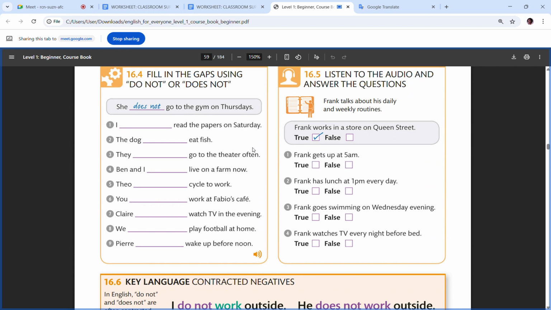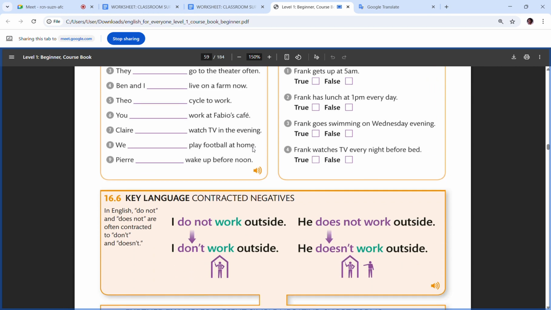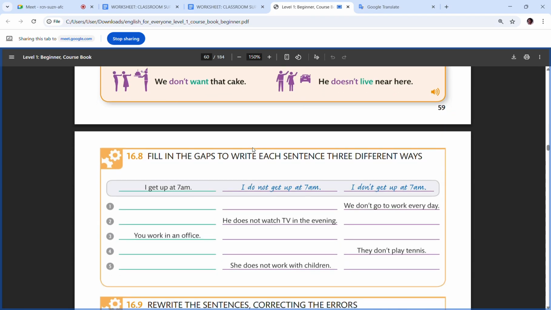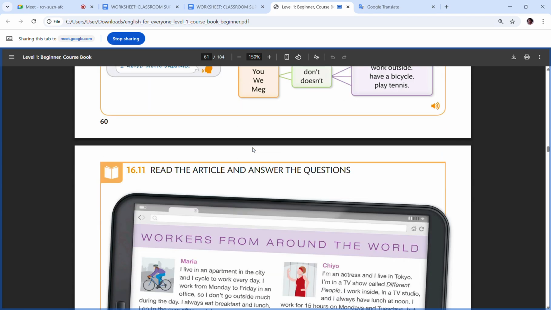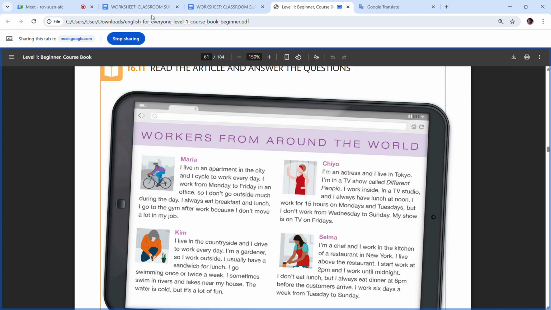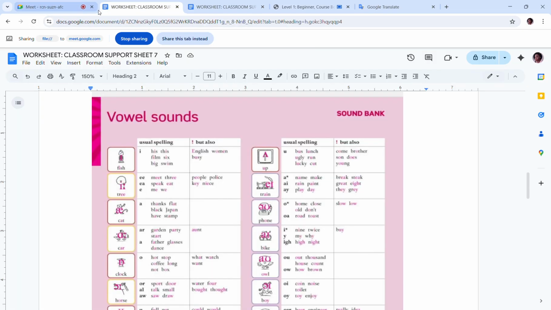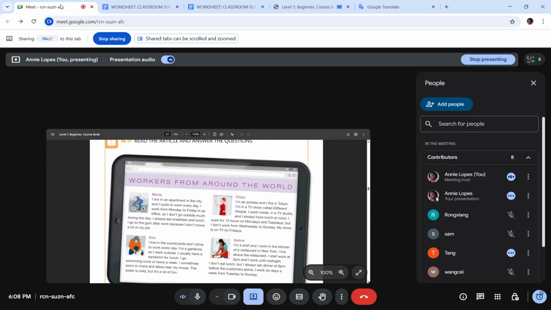Let me explain how the revision exercise will work.